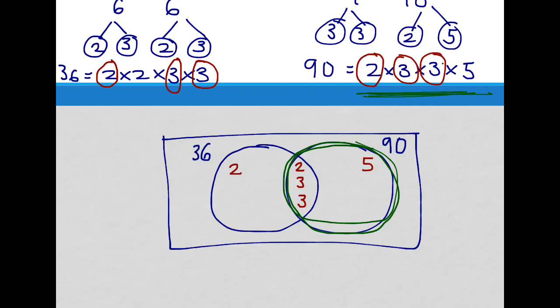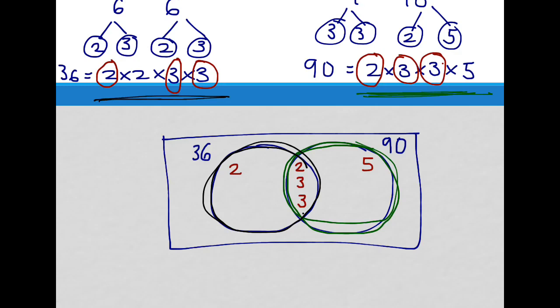And if I look here in this black circle, what have I got in the black circle? I've got a 2, a 3, a 3 in the middle here, and I've got the 2 because this circle goes all the way round here. So I've got 2, 3, 3 and the 2, which is what I've got here.